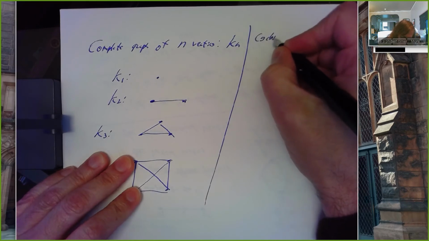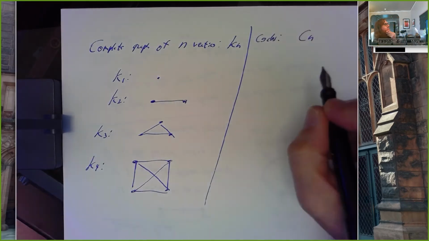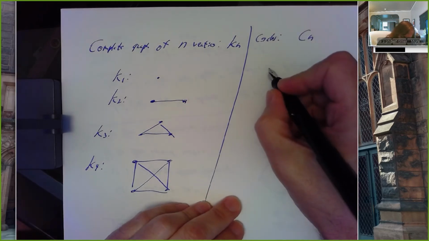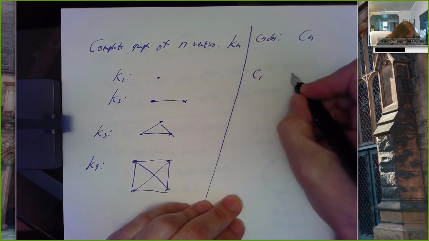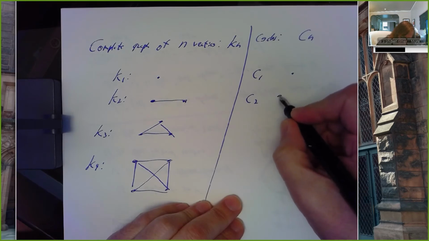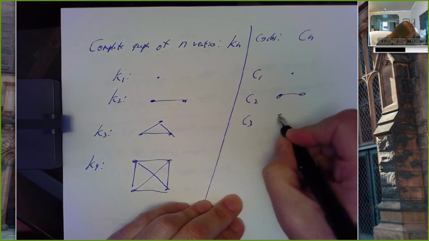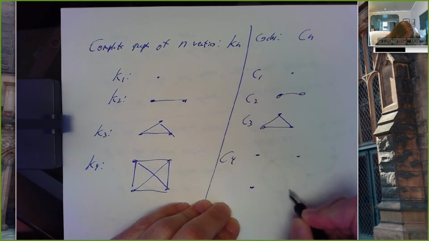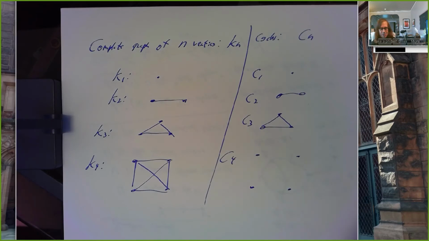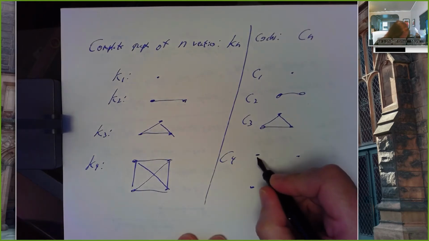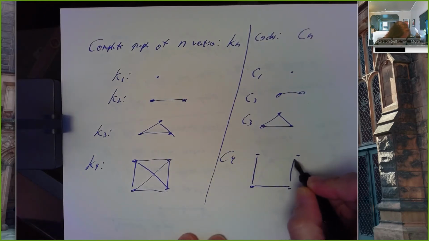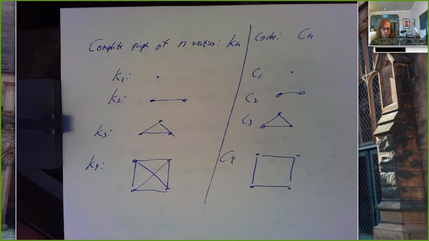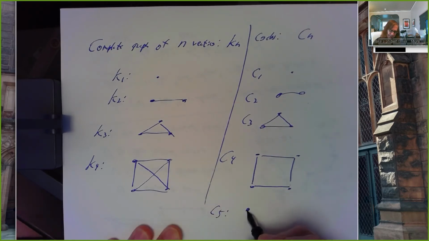Cycles, Cn. These you get by forming, so C1's a dot, C2 is the same, C3 is the same. For C4 and higher, basically you take n vertices and you simply connect them from one to another in a big long daisy chain. So C4 would look like this. And C5 would be like that.